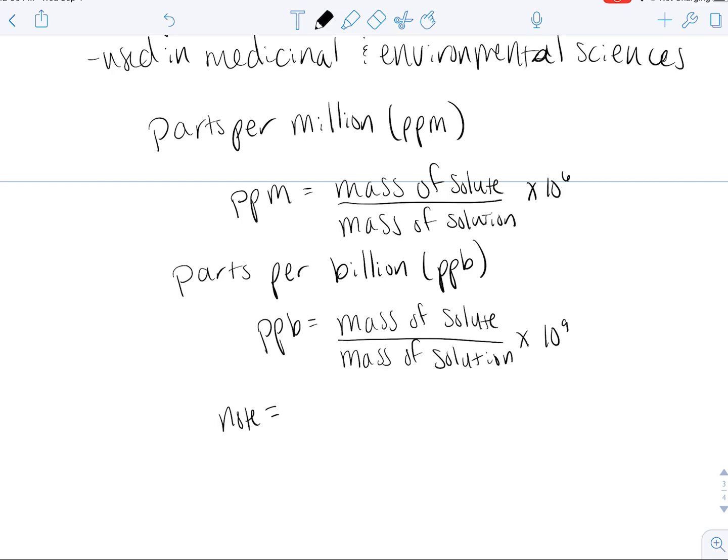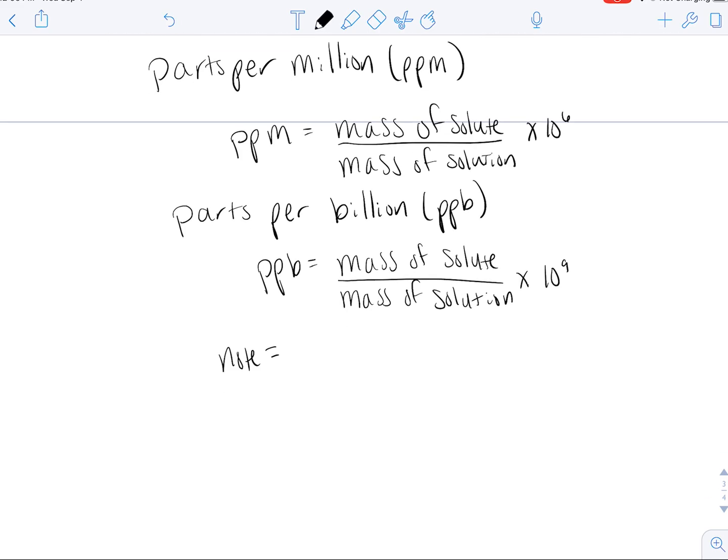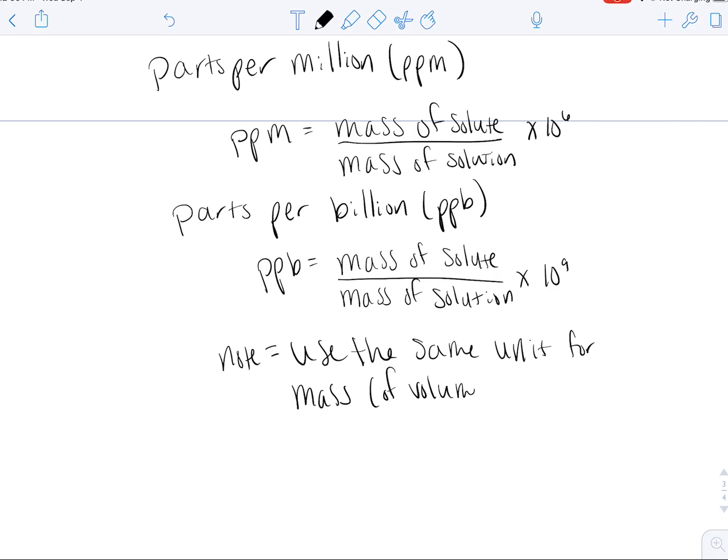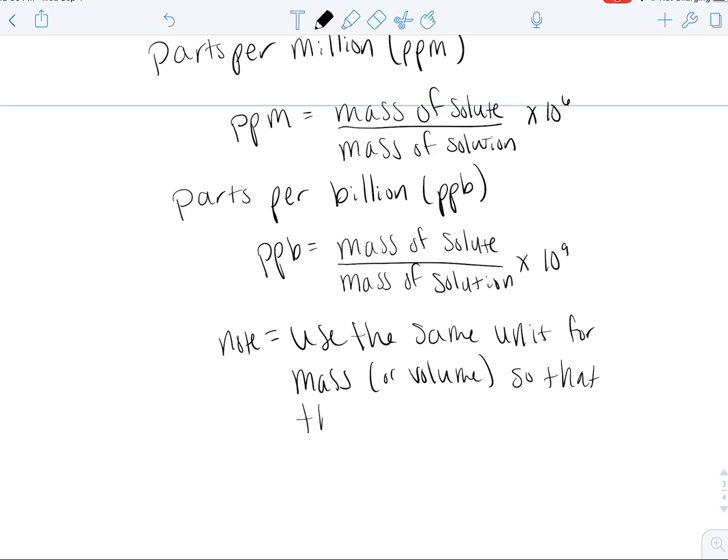You can also use this with volume, again, as long as they're in the same unit. And you just use ppm as your unit if it's parts per million, ppb if it's parts per billion.